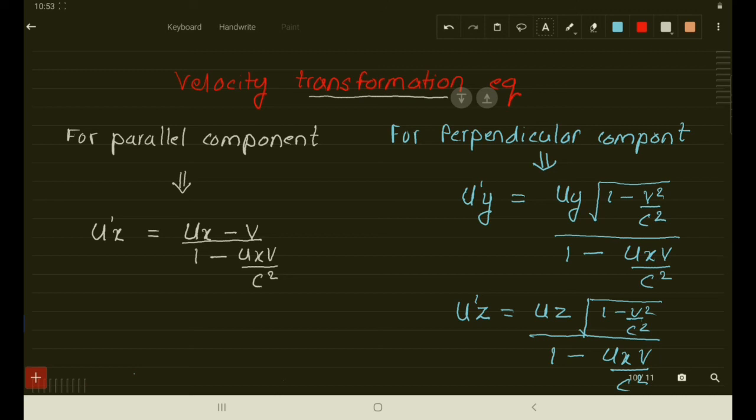In the summary we are going to see all the equations together. First we will see the velocity transformation equations. We know that for the parallel component it is u dash x equals ux minus v divided by 1 minus ux v divided by c square, and for the perpendicular component we have these equations.